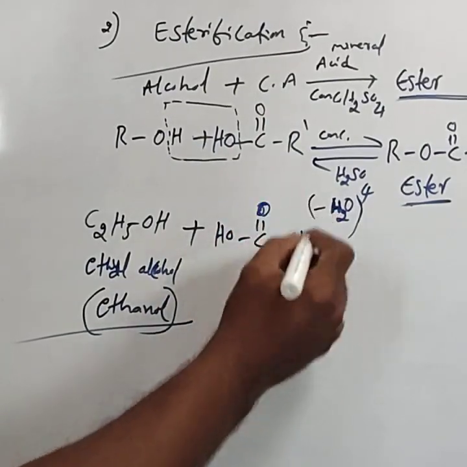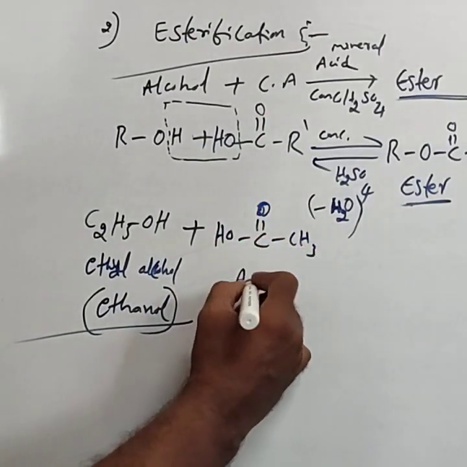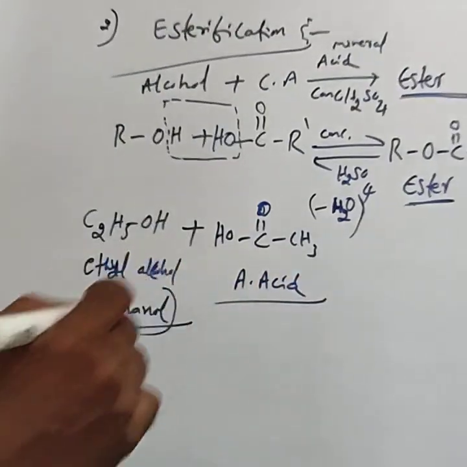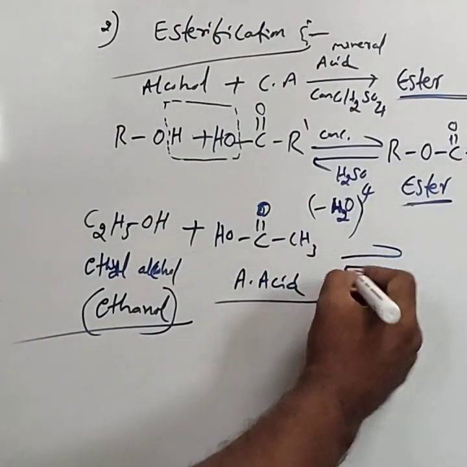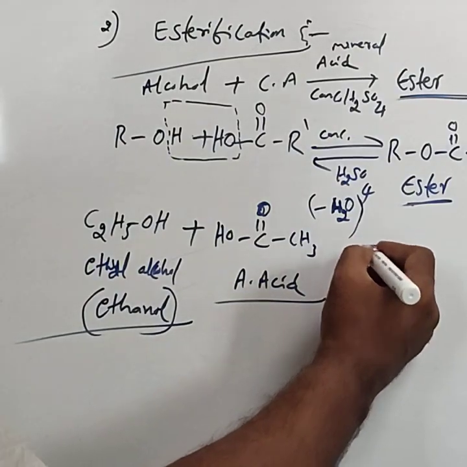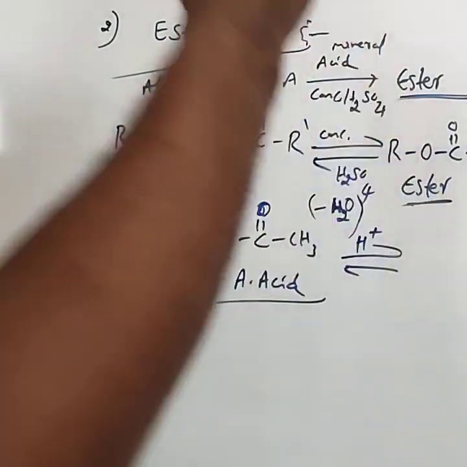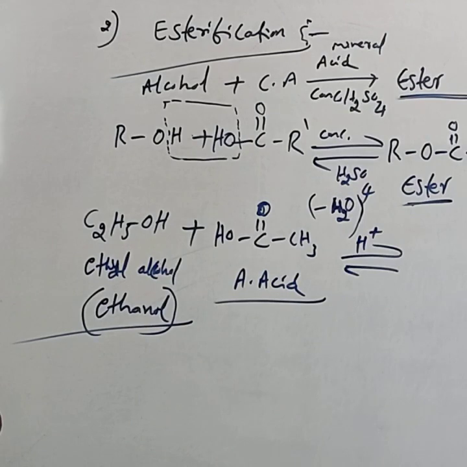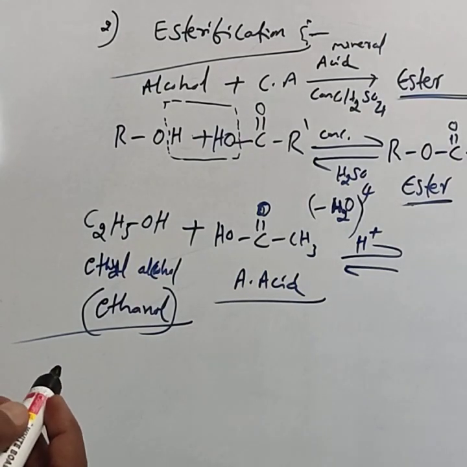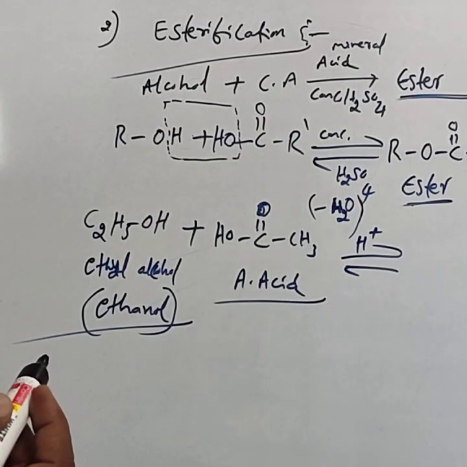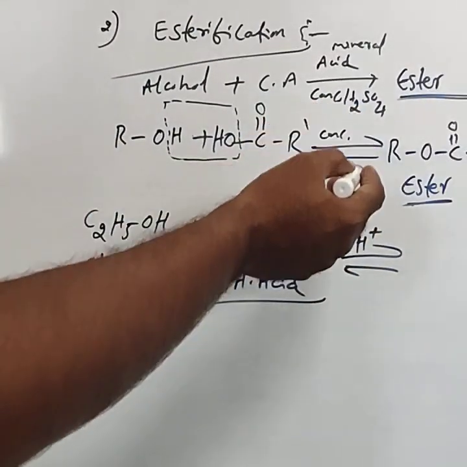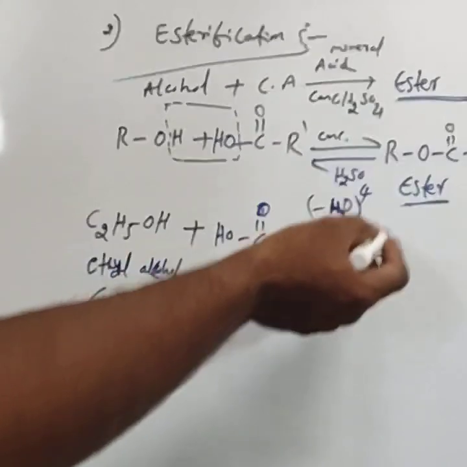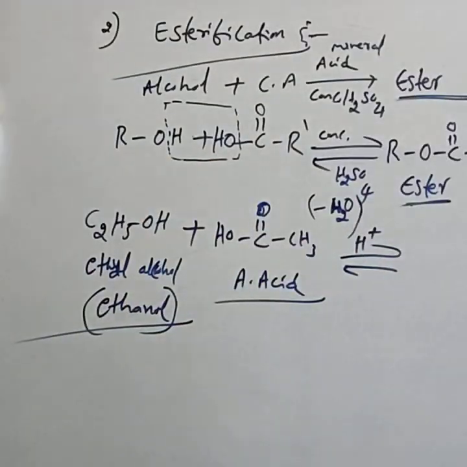This is called acetic acid or ethanoic acid. In the presence of concentrated H2SO4, you can mention it as H+, because in first year we have studied that a Bronsted acid donates the proton H+. Hence, instead of writing concentrated H2SO4, we can mention H+.